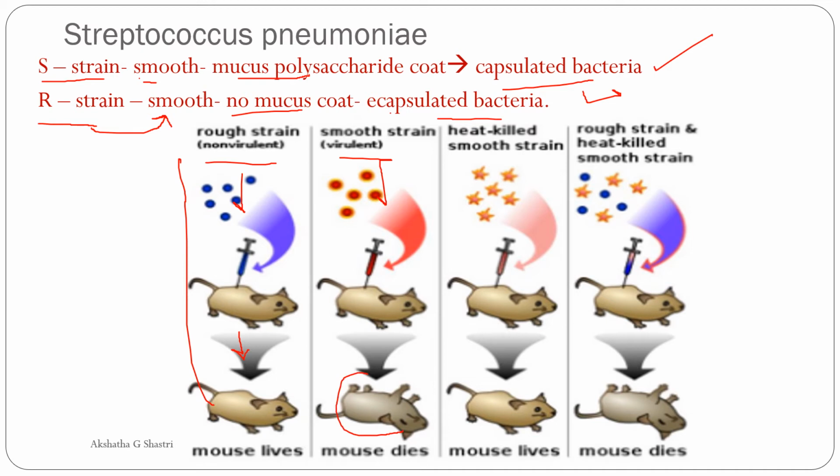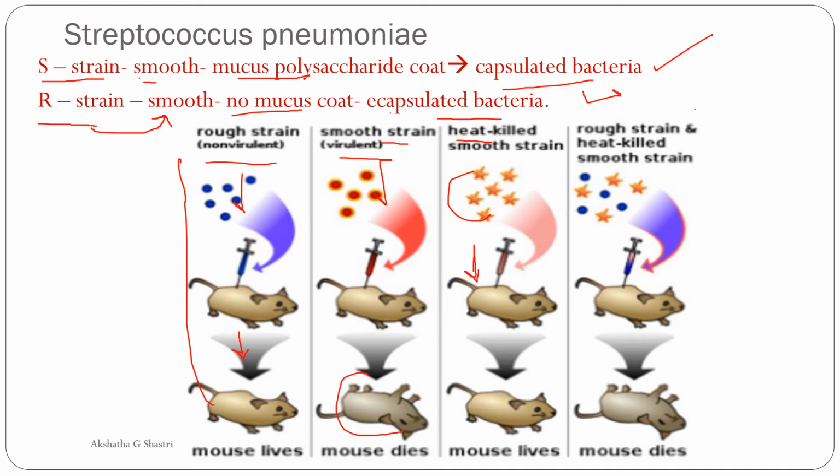Now we can tell that this is because the smooth strain caused pneumonia in the mice, and this caused the mouse to die. Next, he heat killed the smooth strain and injected that heat killed smooth strain into the mice, and he found out that the mouse lived.